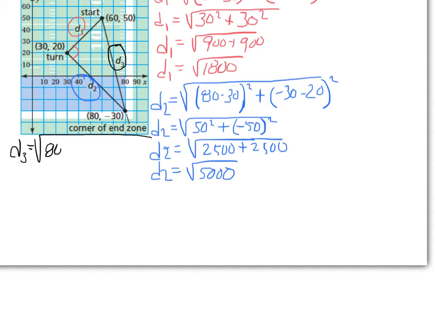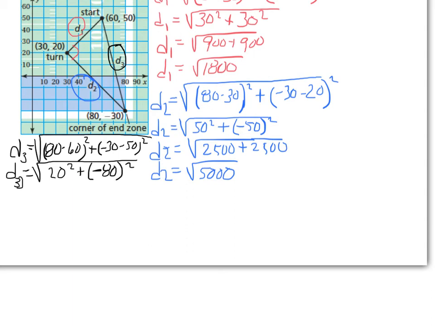So I get 80 minus 60 squared, and then I'm going to do negative 30 minus 50 squared. I just made it. D3 is the square root of 20 squared, negative 80 squared.